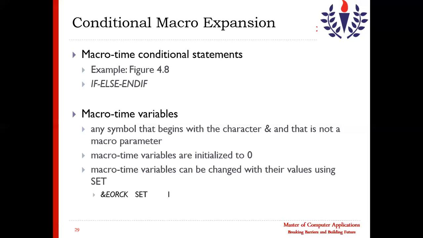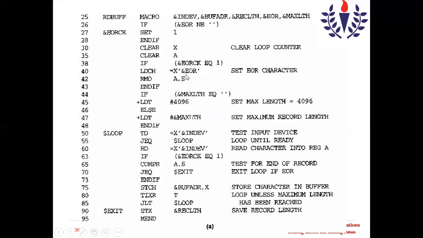So when we are working with conditional macro expansion, see here, this is the whole macro definition. One read buffer macro is here. The read buffer macro receives five parameters: input device, buffer, record length, EOR (end of record), and the maximum length.